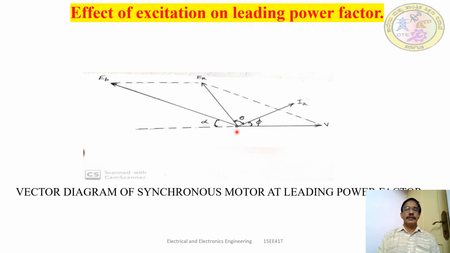If you decrease the excitation, for some value of EB, IA comes near to V, then in phase with V at unity power factor, that's the minimum current at that moment, then current becomes lagging.